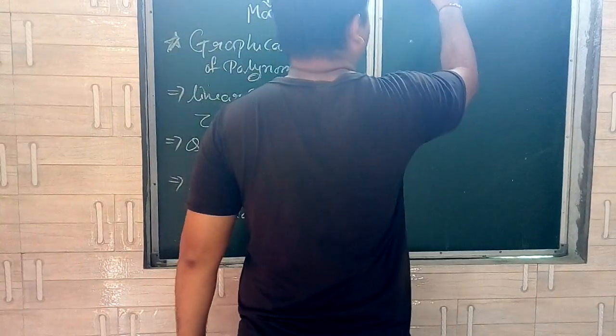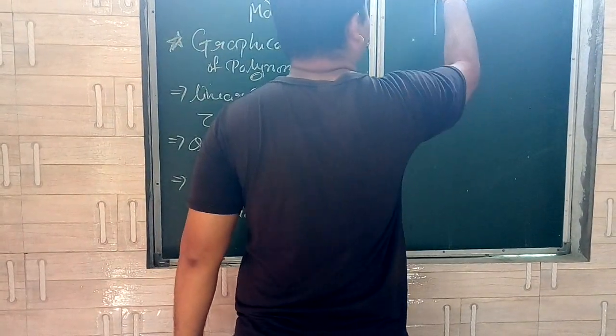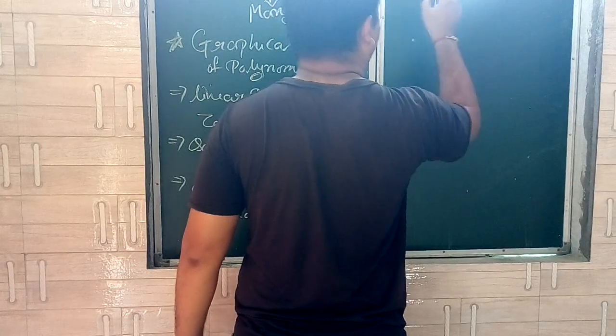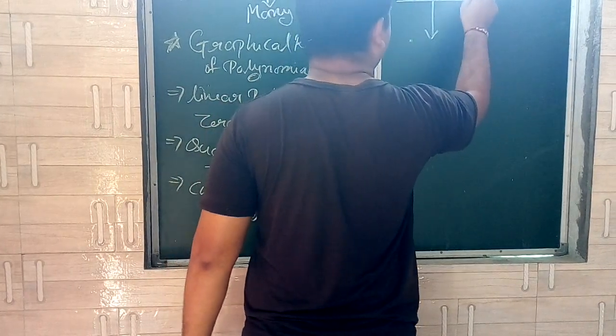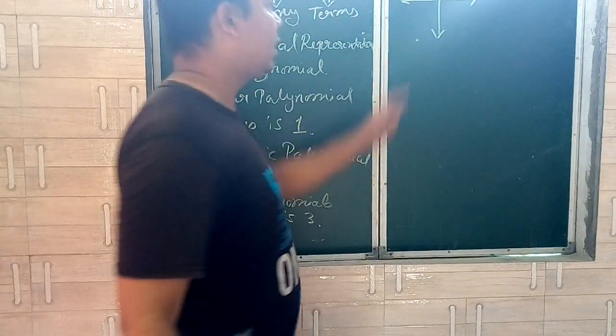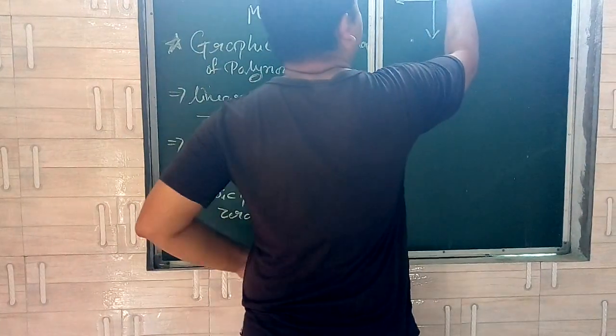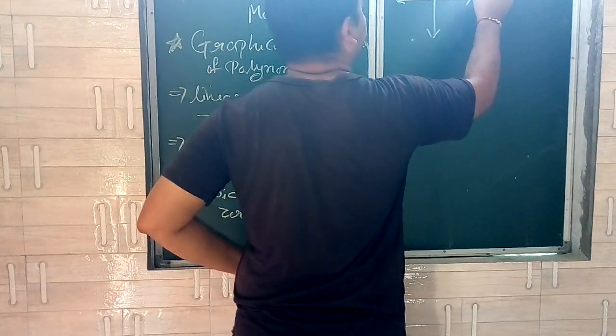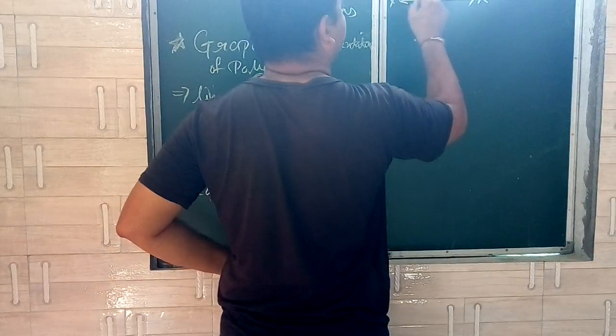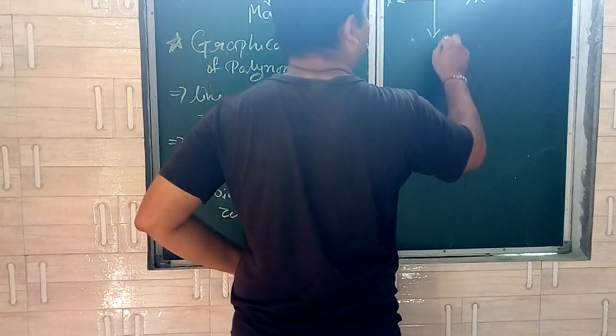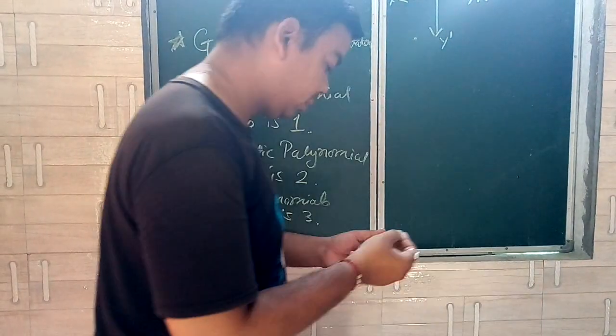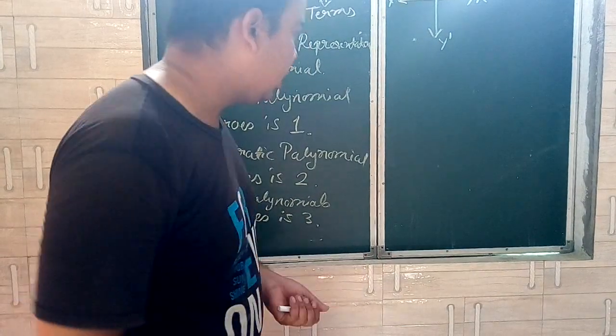Suppose I draw one graph, and you know this is the x-axis, this is the y-axis. Now your graph is like that.